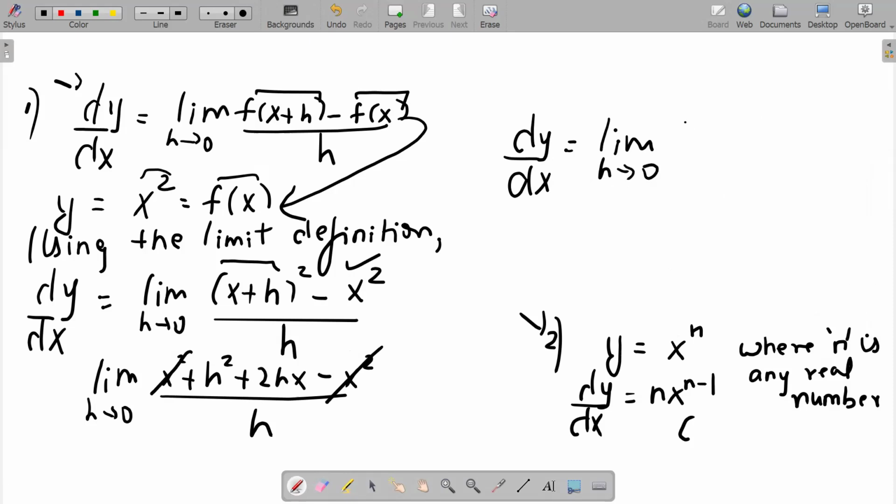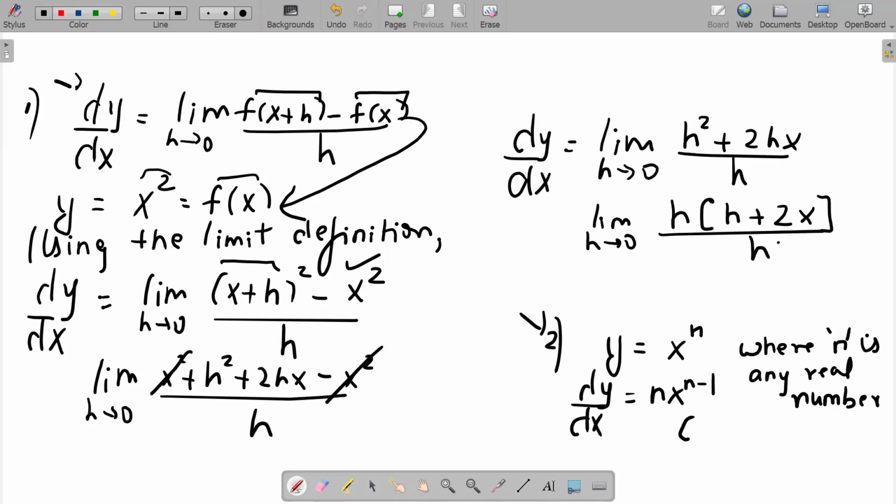In the numerator, I have h square plus 2hx over h. I can take h common in the numerator. That leaves me with h plus 2x over h. This cancels out. I get limit as h tends to 0, h plus 2x. And if I just plug in the value of h as 0 now in the limit, we get 2x.